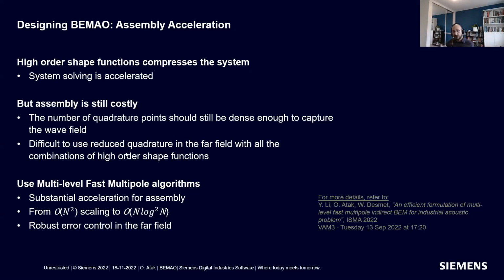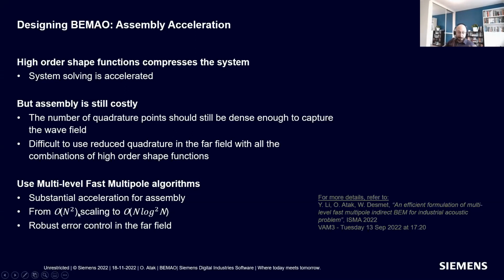It becomes much more difficult when you have higher order shape functions and try this reduced quadrature mentality, because you would have a combination of order 5 elements here, order 3 elements there, and how far you go forward really becomes very complicated. But there are nice technologies, one of them being multi-level fast multipole algorithms, which substantially accelerate assembly.